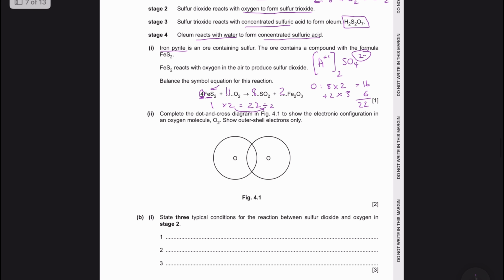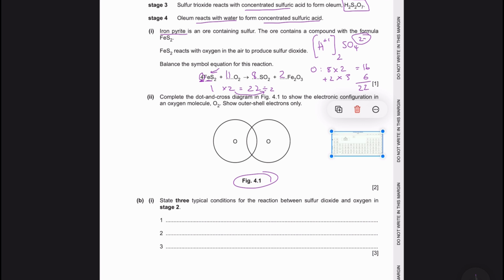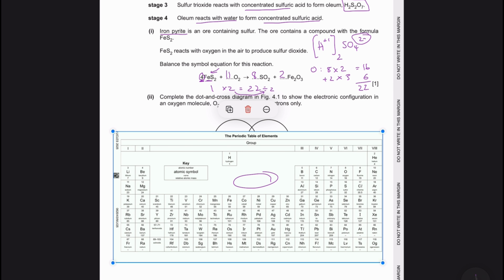On to the next one, complete the dot and cross diagram in figure 4.1 to show the electronic configuration of an oxygen molecule. So the easiest way to work this out, if you have no idea in the exam, is to go to your periodic table. It's going to be your lifeline. So let's look at oxygen.